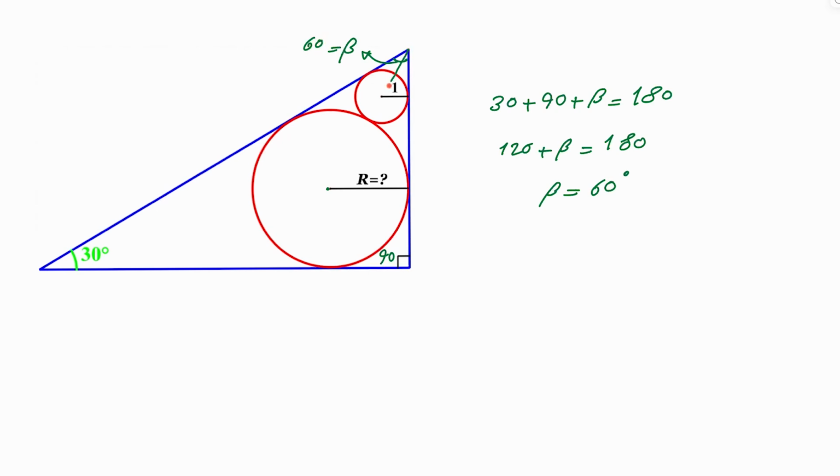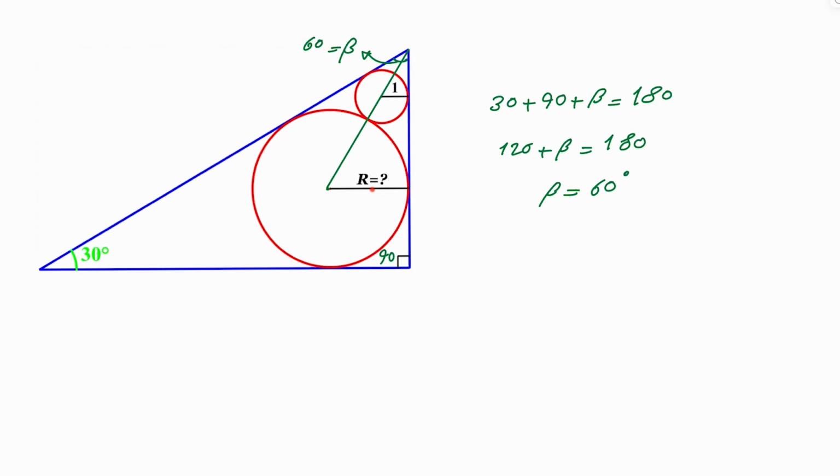Also, we can draw a line from this corner to this center. This is an angle bisector because every point on this line is equidistant from this line and this line.